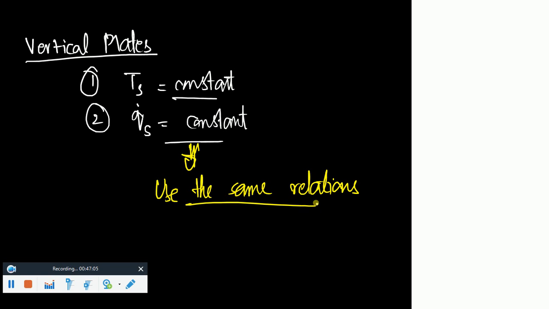But still, if you go for establishing your own relationships, it would cost you higher, but you can use the same relationship with some error. So you can use the same relationships as you use in case of Ts.